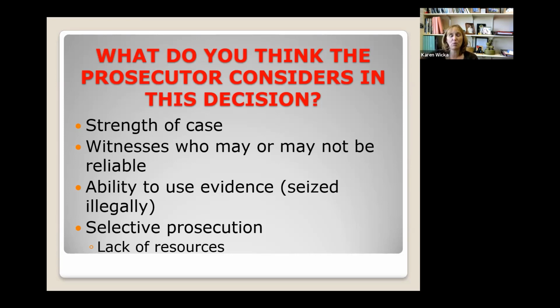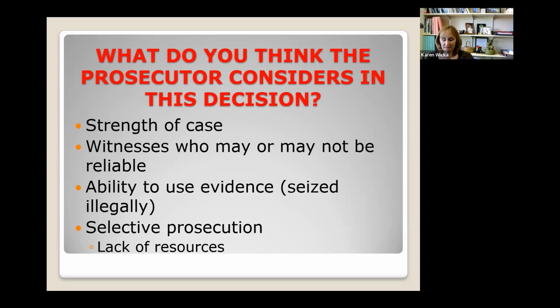You have to consider whether or not you have witnesses who may or may not be willing to testify. If you don't have a victim who's willing to testify at the trial, it's going to be really, really hard to convict the defendant. So that would be weighing in the decision.